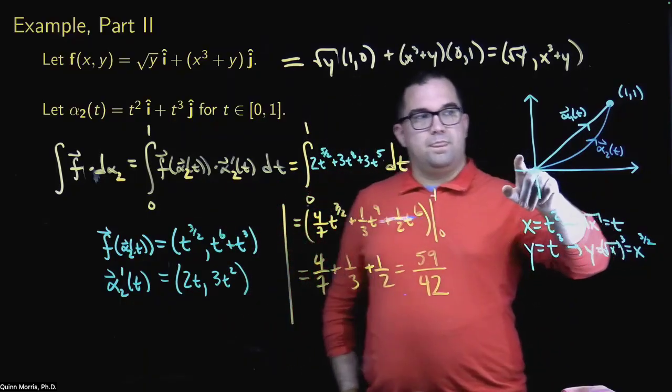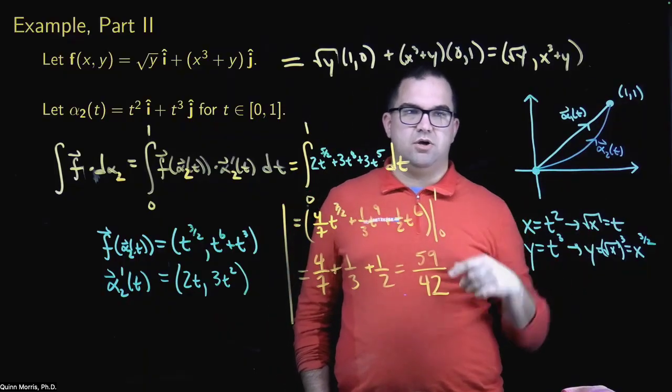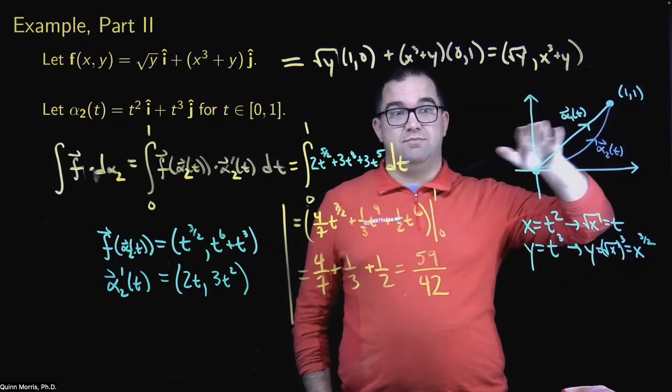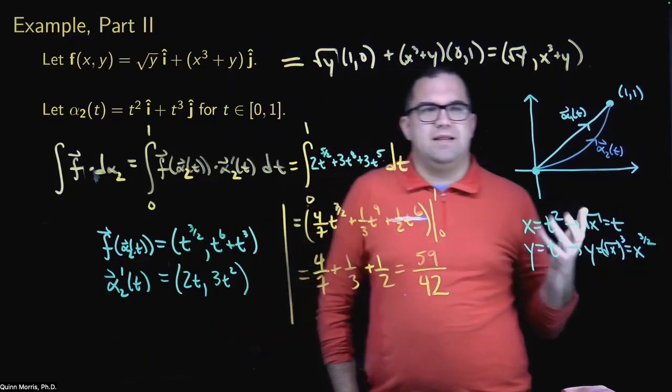Now here, let me sort of point something out here. We're going along a different path. And that path is not just a different path, it's a path that gives me a totally different graph. So maybe you're not surprised that we get a different value.